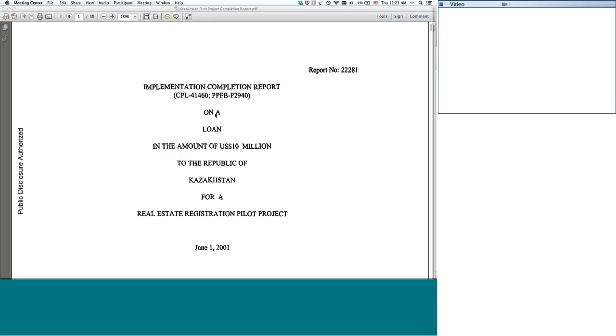Okay, written also into the Constitution, which the Republic of Kazakhstan formed as soon as the Soviet system collapsed, was that the government owns all the land. Okay, and so we had to get around that statement.